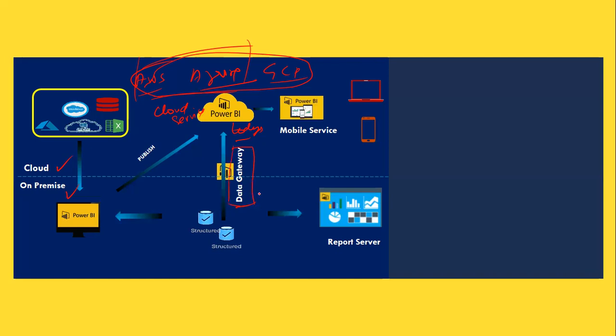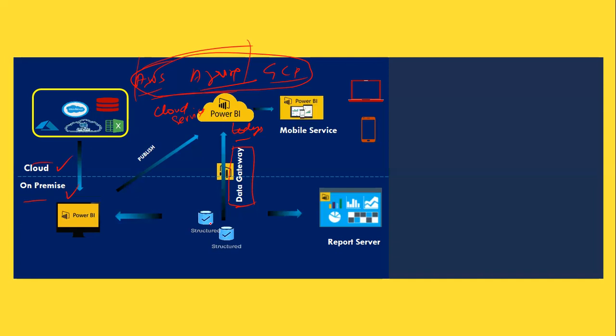So the data gateway is a piece of software, and it is a bridge between your on-premise and cloud service. This software is required to access the data located in an on-premises network. Supposing you publish the report on cloud, and you want the report that you published to get refreshed, with the data kept up to date on a daily basis.